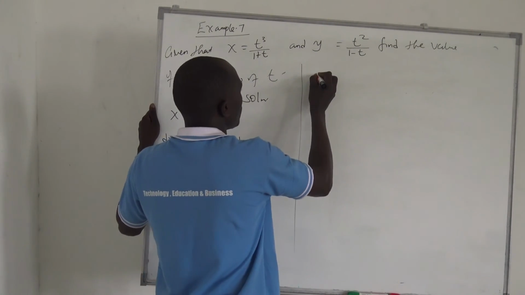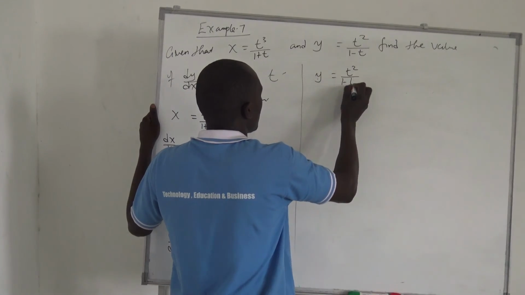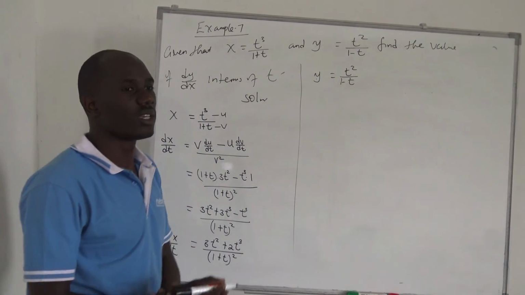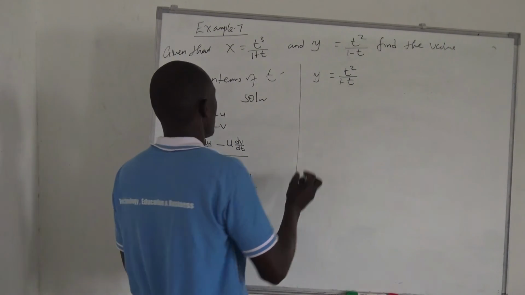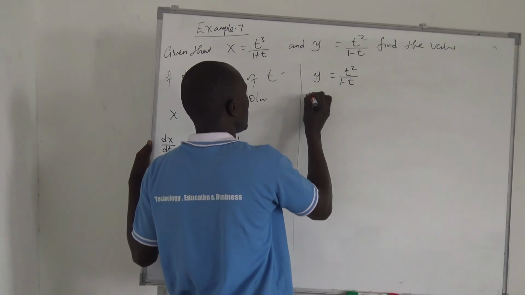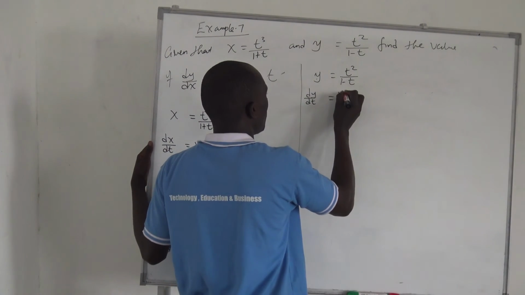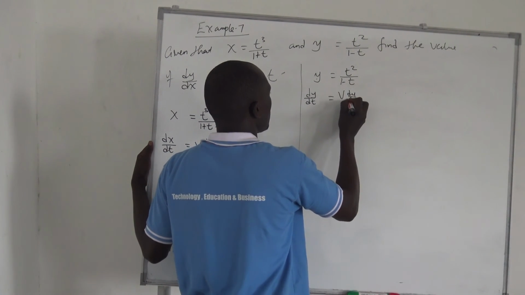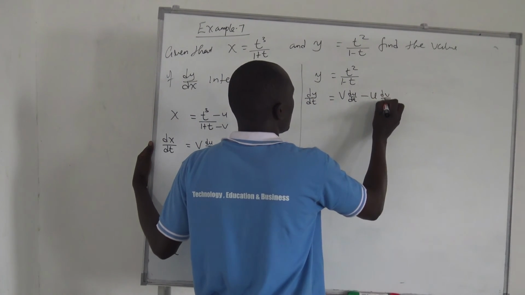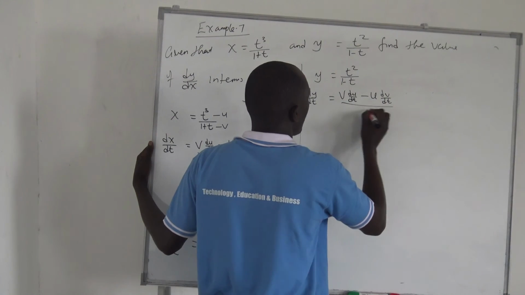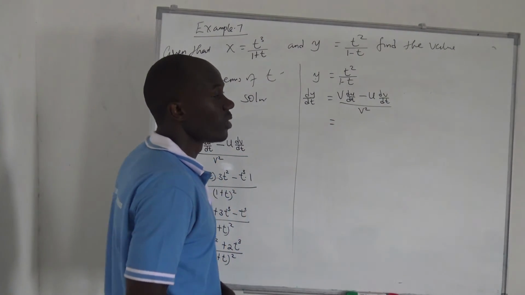We have got y equals t squared out of 1 minus t. So the same story, using the quotient rule, we shall say dy/dt equals v du/dt minus u dv/dt all over v squared, our quotient rule which last time we derived.